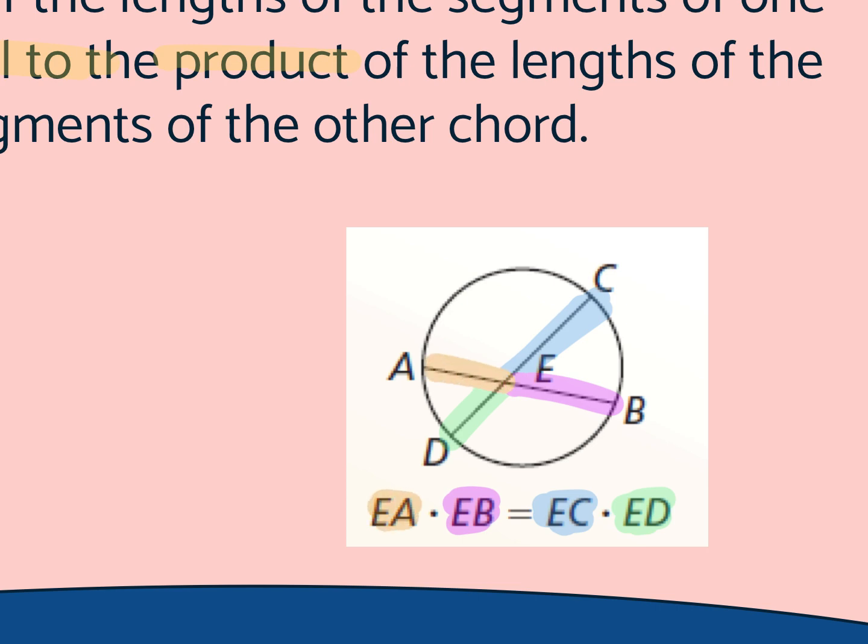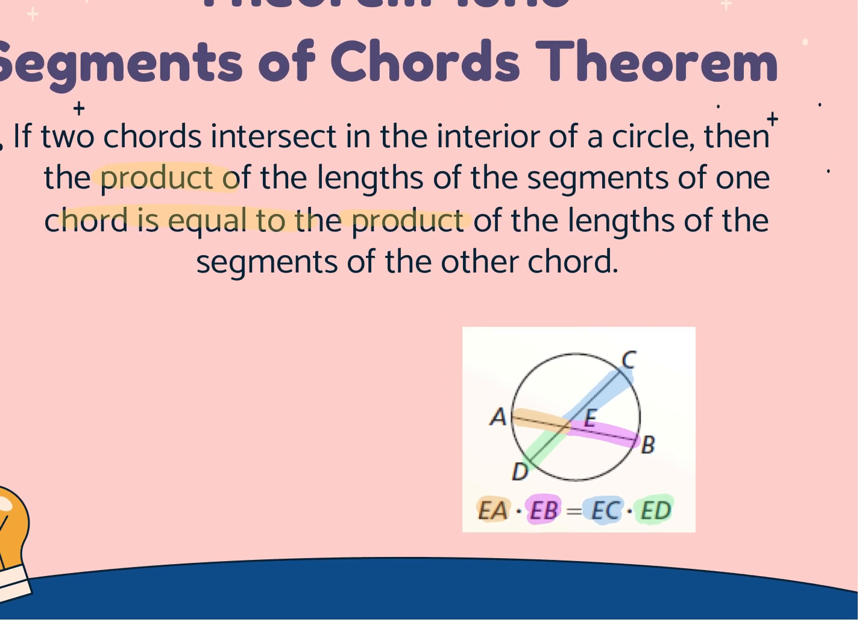So it's the same chord's segments multiplied times the other chord's segments multiplied times each other. Okay, so just clarifying, these 2 multiplied are going to equal these 2 multiplied. Questions on that? Okay.